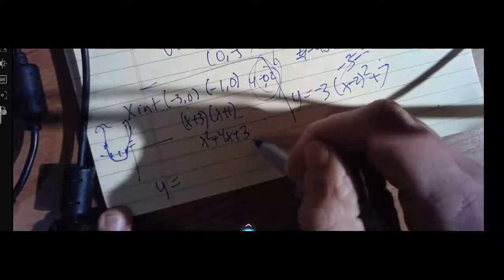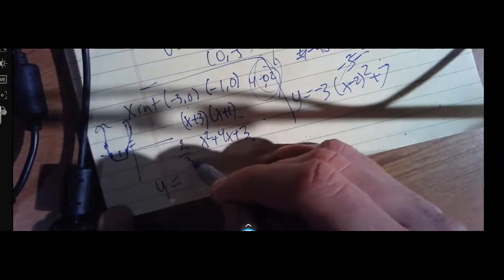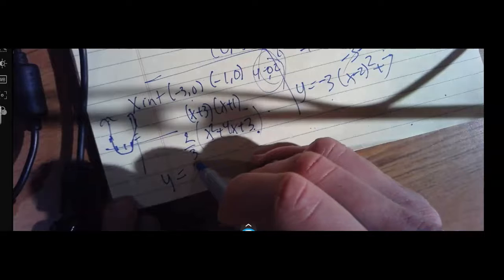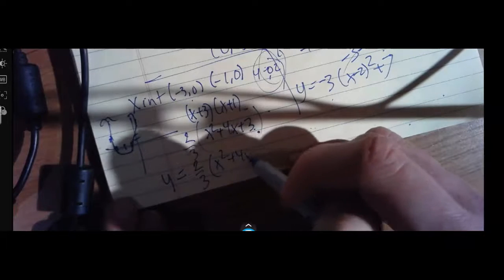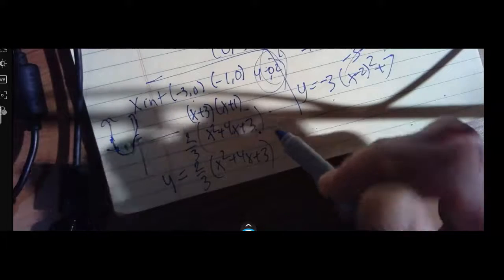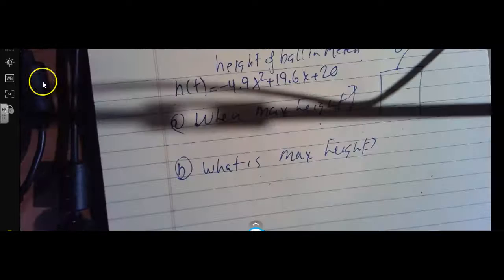The only problem with that is if we put a 0 in, we're not going to get a 2. We're going to get a 3. So you have to multiply this whole thing by 2/3. Our equation is going to be y equals 2/3 times (x squared plus 4x plus 3). That'll give us the y-intercept and still have those x-intercepts.